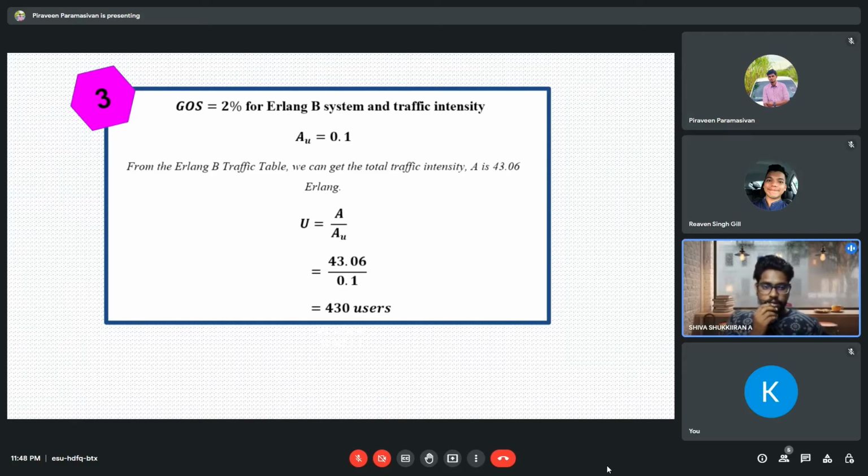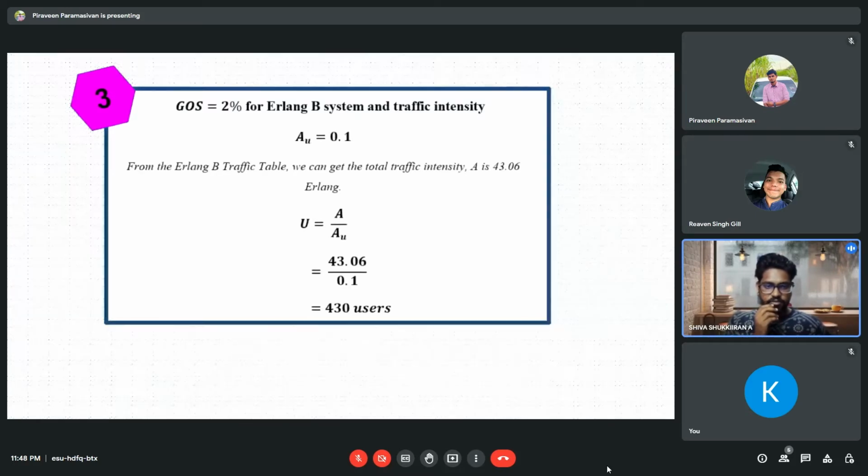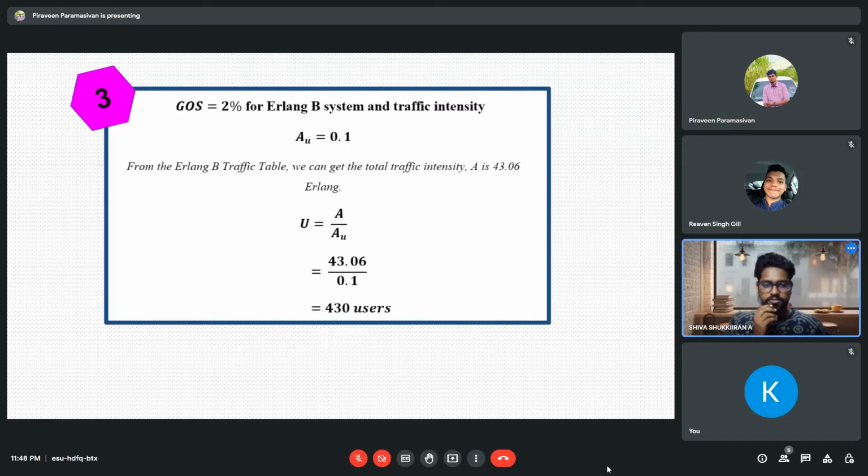We assume an average of 2 calls per hour and a call duration of 3 minutes. From the Erlang B traffic table, we could get the total traffic intensity, which is A, 43.06. So the number of users per cell is total traffic intensity over traffic intensity per user. We divide these two values and obtain the number of users per cell, which is 430 users.